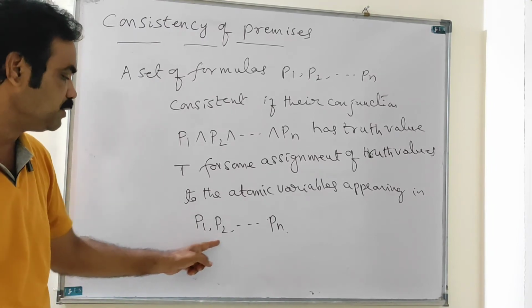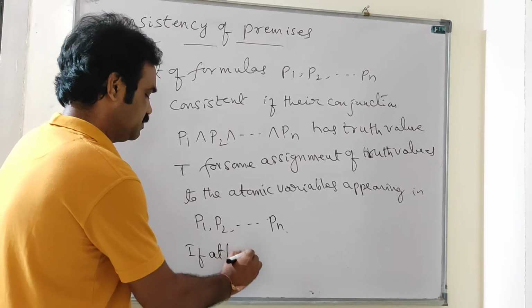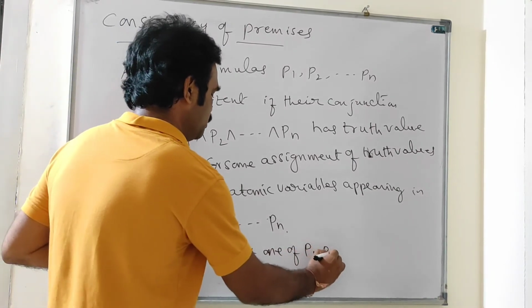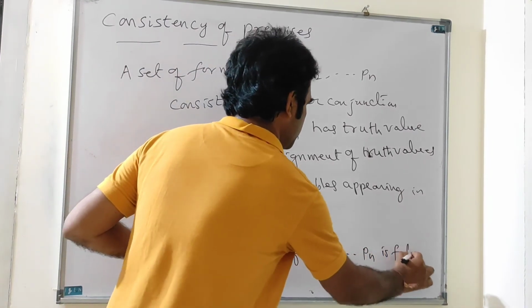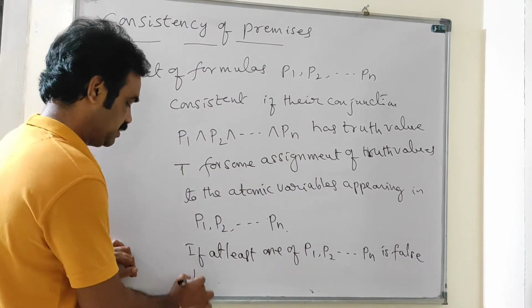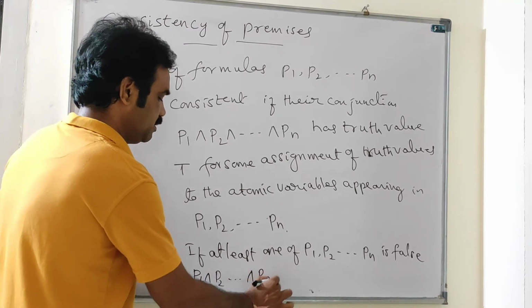If at least one of P1, P2 and so on Pn is false, then their conjunction is identically false. Okay? Then their conjunction, that is P1 and P2 and so on and Pn, is false.